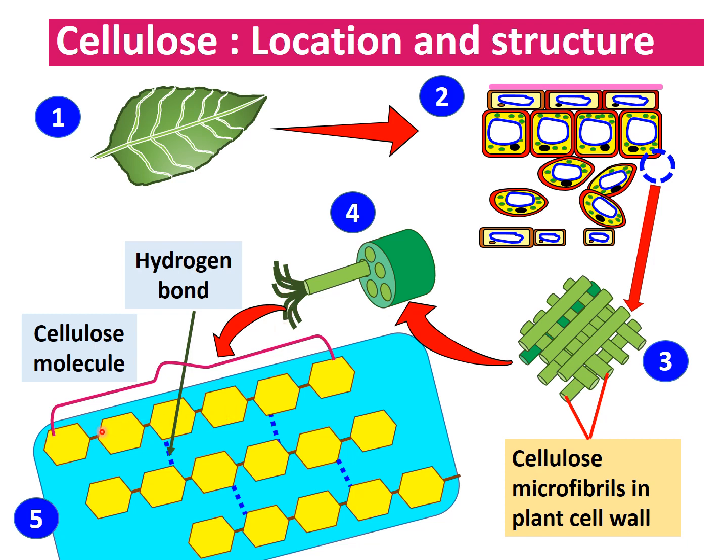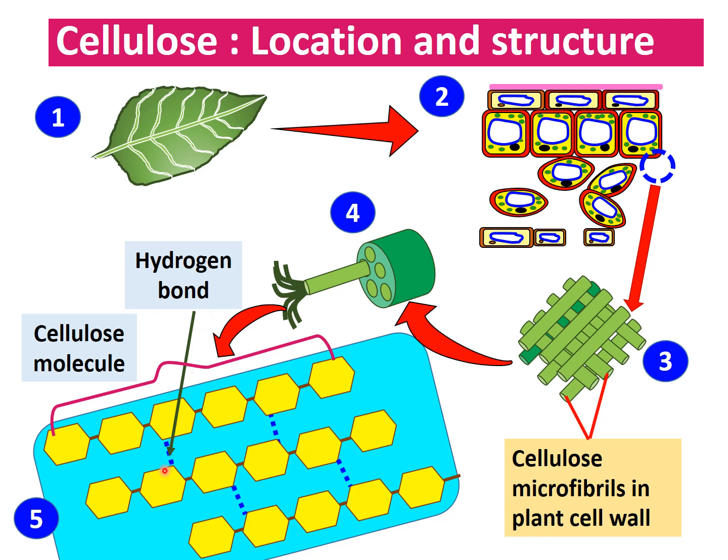structures here. You'll find that there are many cellulose molecules that are arranged in a parallel manner close to each other, and they have these hydrogen bonds that hold them together. And so this type of structure is very strong because of the hydrogen bonds.